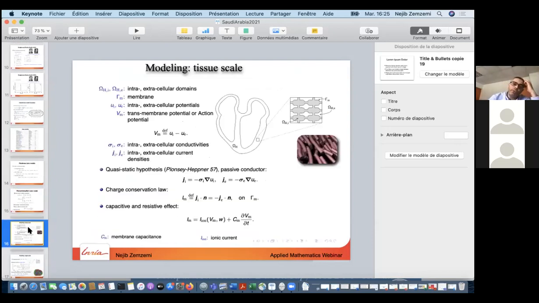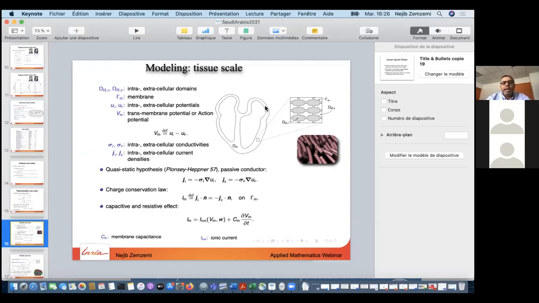Now, if you go to the modeling at the tissue scale, if you take a piece of the tissue, you have an intracellular domain, which is in gray, and in white you have the extracellular domain. You have gamma M, which is the membrane, which separates the two domains.